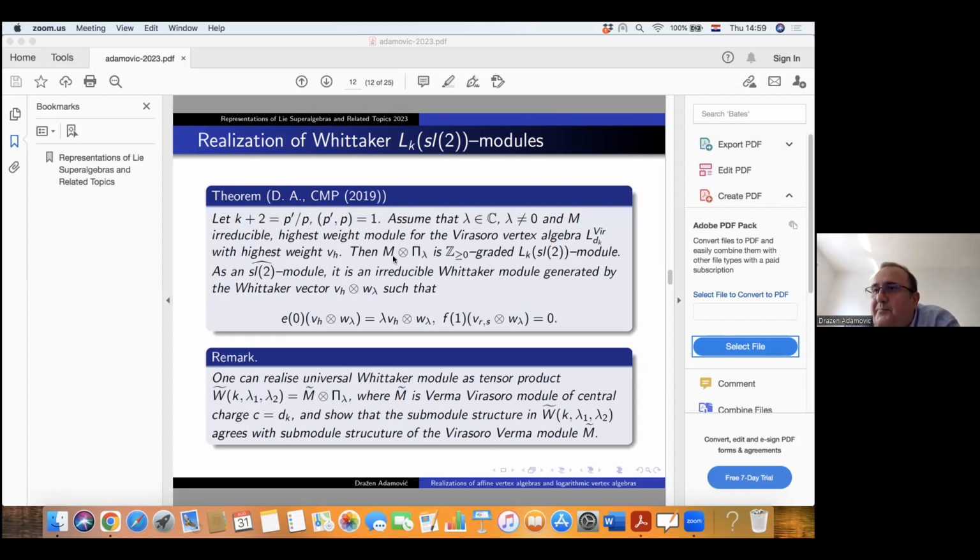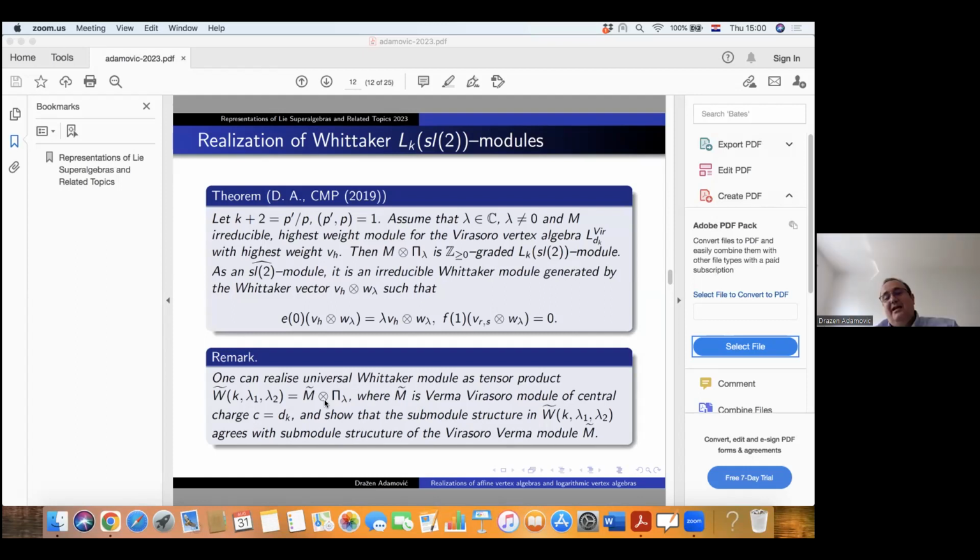But if this Virasoro highest weight module is highly degenerate, what can we do? We can take the Verma module for the Virasoro, which has infinitely many singular vectors, and then each singular vector in this Verma module will give a new Whittaker module.